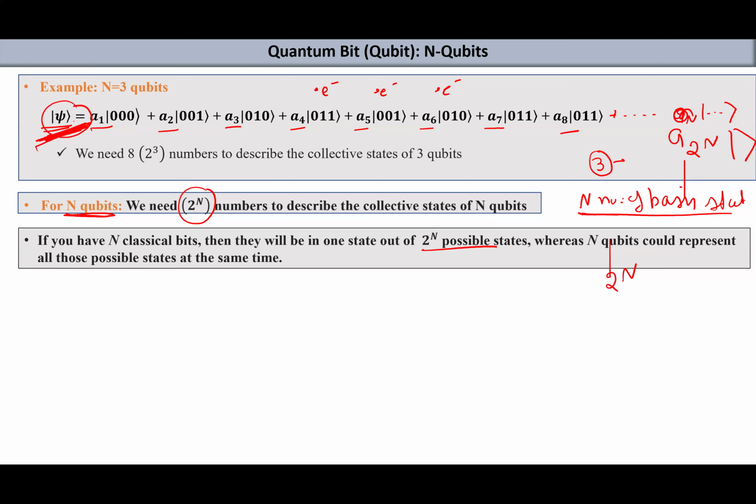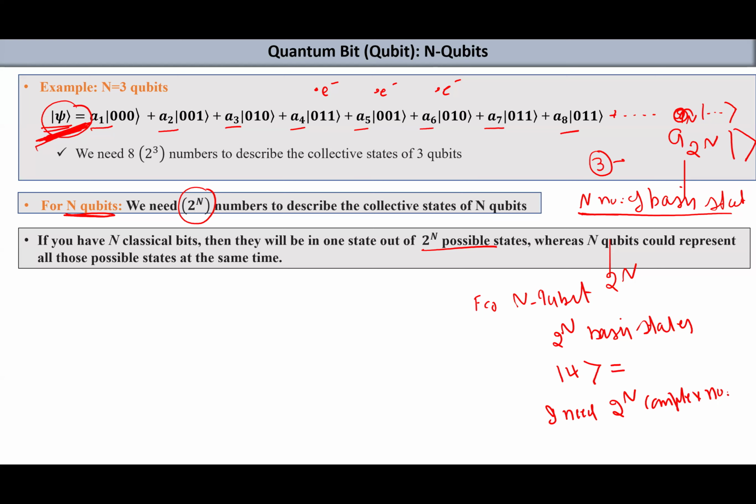I hope it's clear. This point is very important: for n qubits, you have 2 power n basis states, and to describe the superposition state psi, I need 2 power n complex numbers.